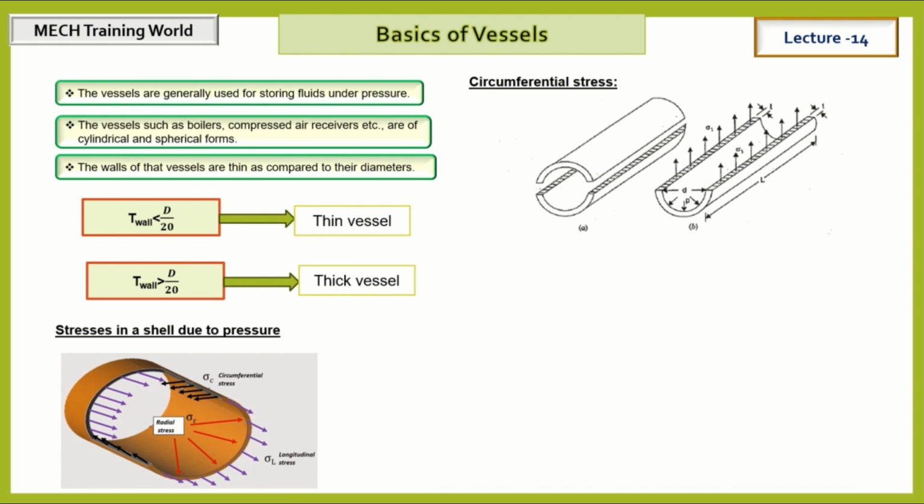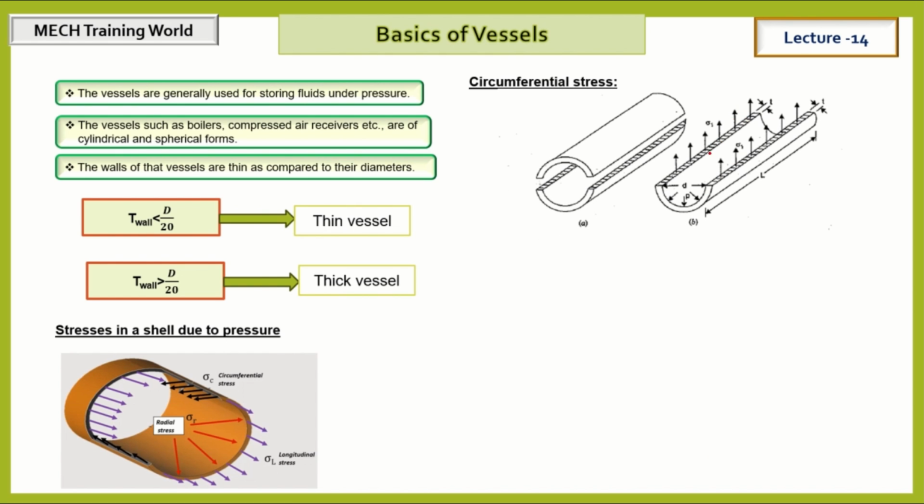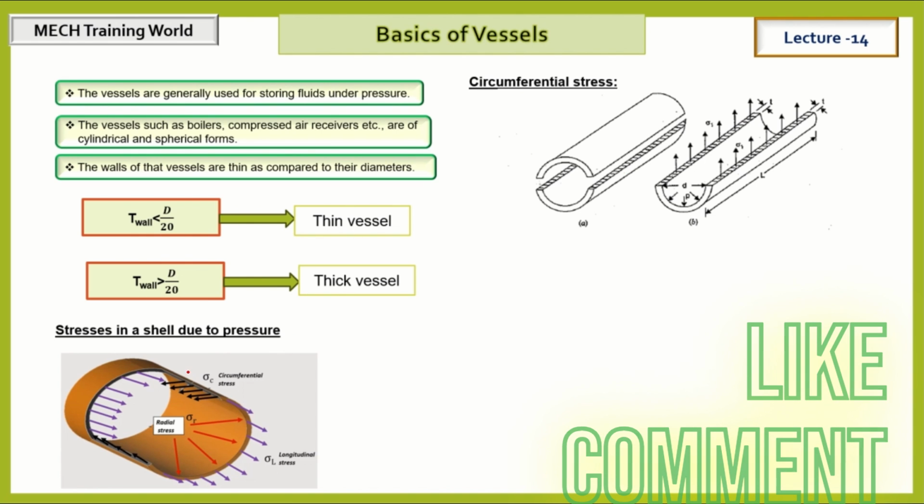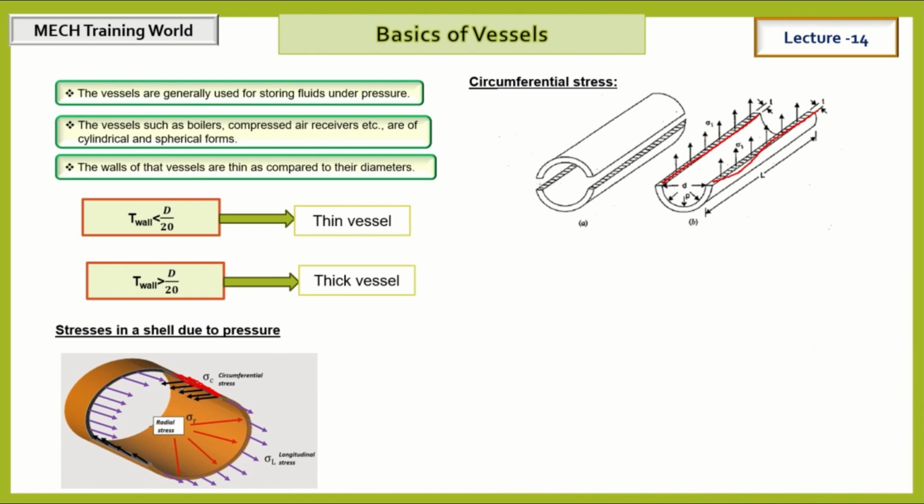Here I am showing the area on which circumferential stress acts. I'm highlighting this section, where circumferential stress is generally focused. Circumferential stress is also known as hoop stress. Stress is equal to force by area, the general formula. So let's find the area.